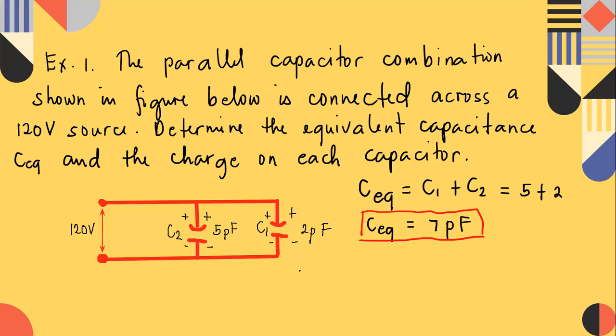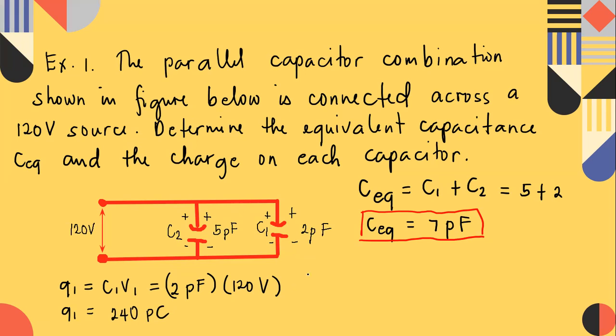Now, Q1 is equal to C1 V1, which is equal to 2 picofarad times the voltage of 120 volts. Therefore, Q1 now is equal to 240 picocoulombs.